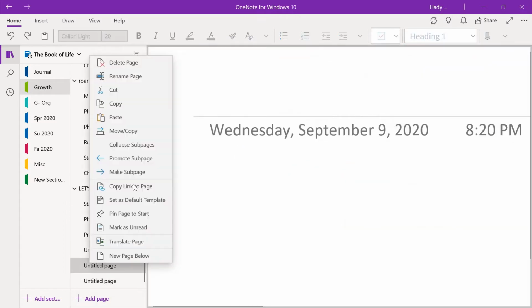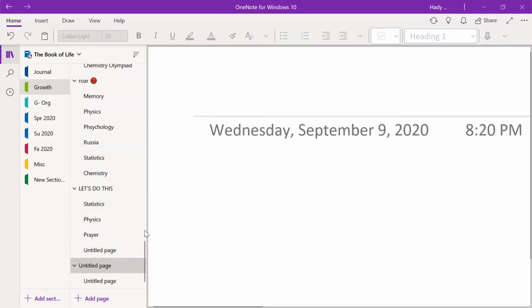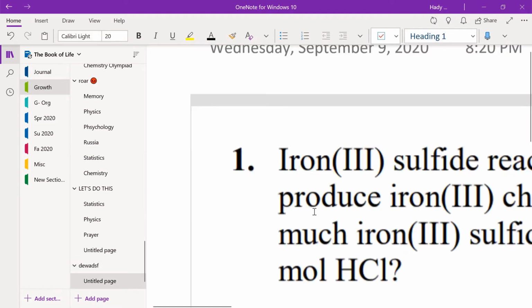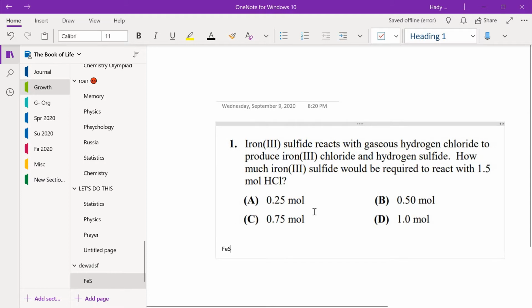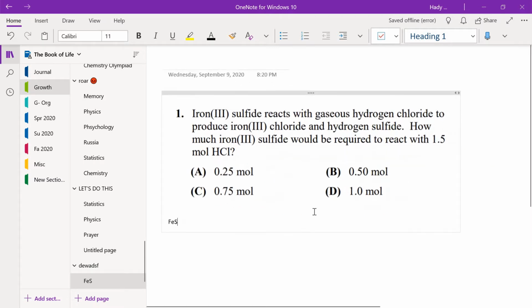So, yeah, so you have iron sulfide, right? I mean, what? Sulfide? S? Sulfide. It's just S. Right?